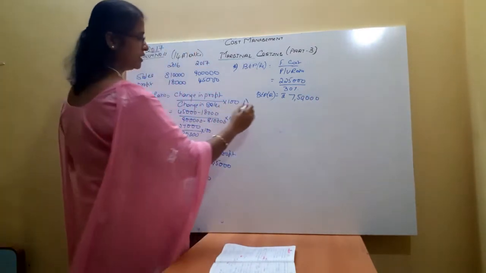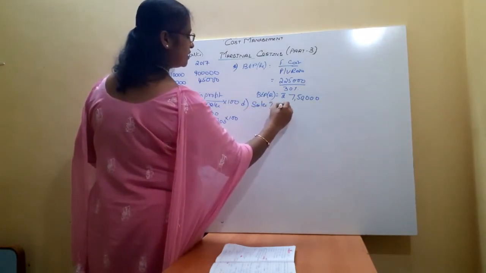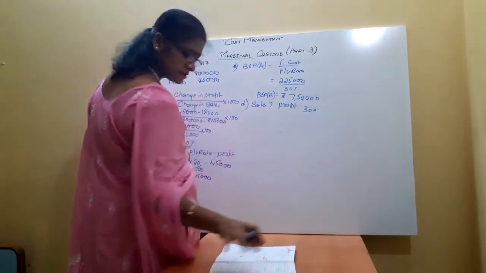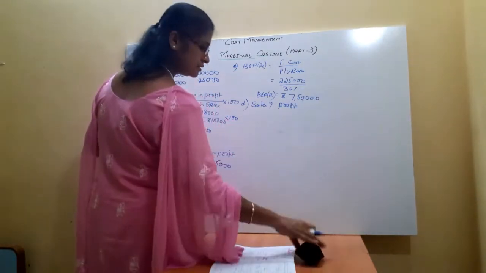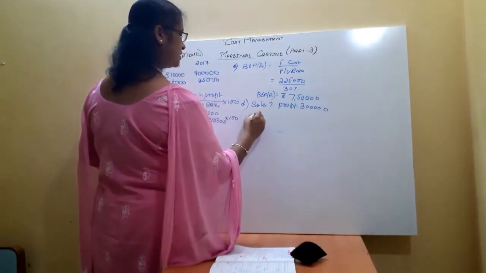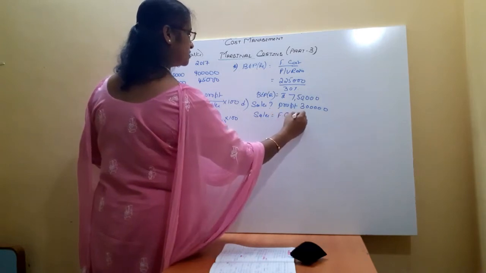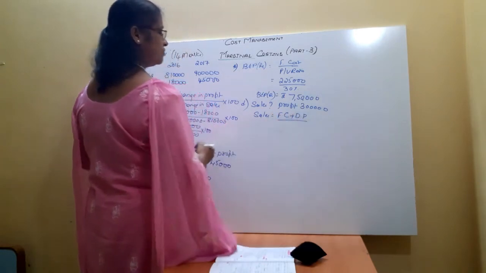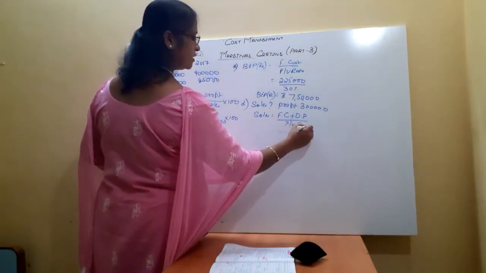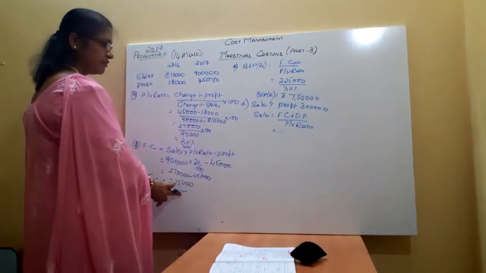D. They have asked you to find sales when the profit is 3 lakhs. When the profit is 3 lakhs. So formula, sales is equal to fixed cost plus desired profits divided by PV ratio. The fixed cost is 2,25,000.